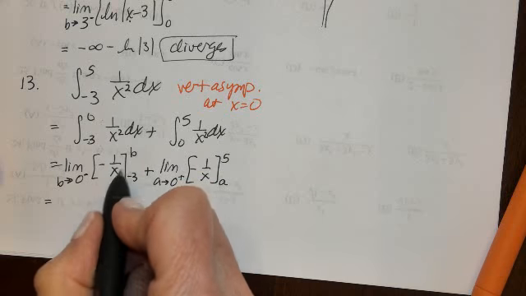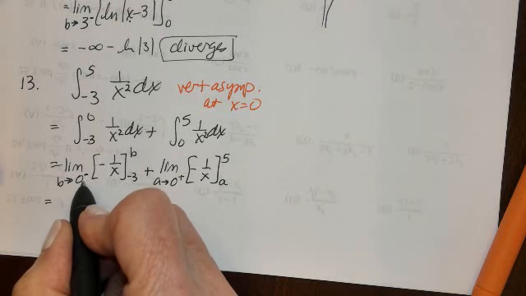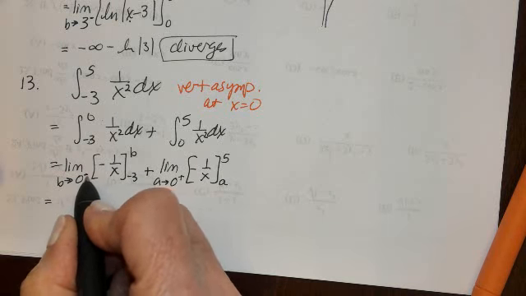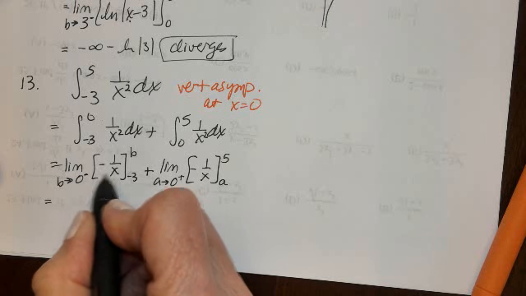Now, put b in for x and let b go to 0, specifically from the left, right?